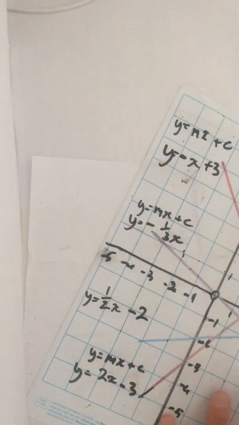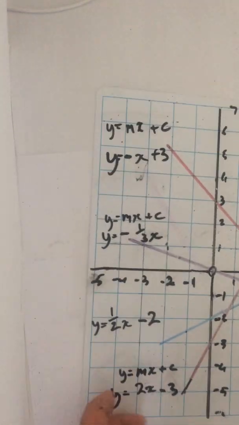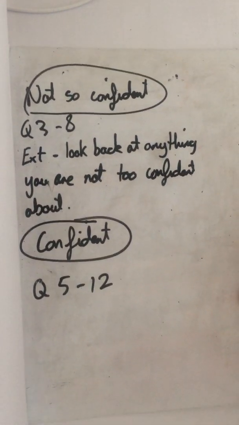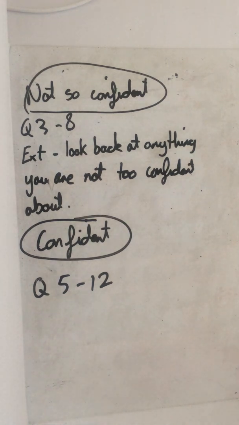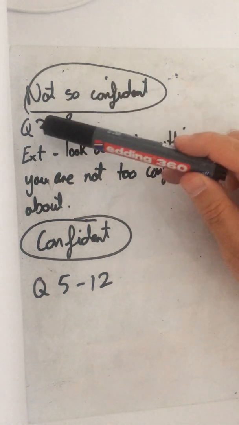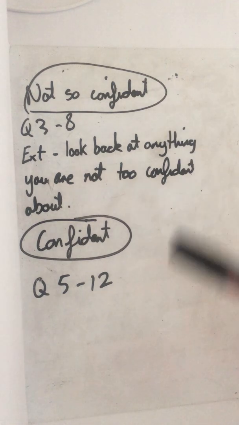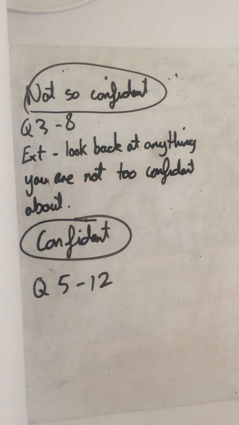So what I'd like us to do, I've just split the work into 2 sections today. If you're not so confident, can you just do questions 3 and 8? If you have time then, go back and have a look through your book, even just the textbook, to check that the ones you couldn't do before, you might be able to do now with this knowledge.